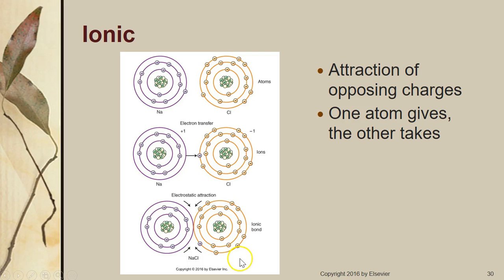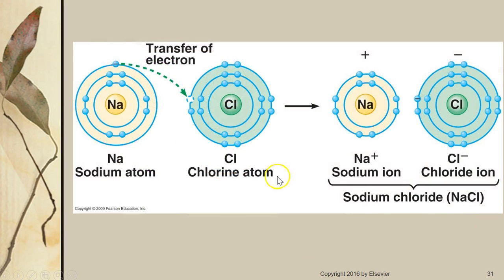One of the best things to look at here is something called table salt, and that is sodium, Na, and chlorine. Just one by itself is a chlorine atom, but once you have taken an electron from the sodium, now it's Na plus because it gave away an electron, so now it's a sodium ion, and then the chlorine has an extra electron, so now it's a chloride ion, and this is sodium chloride.